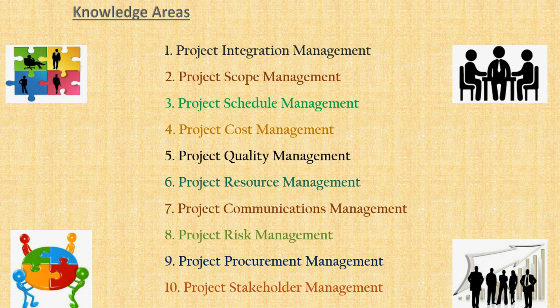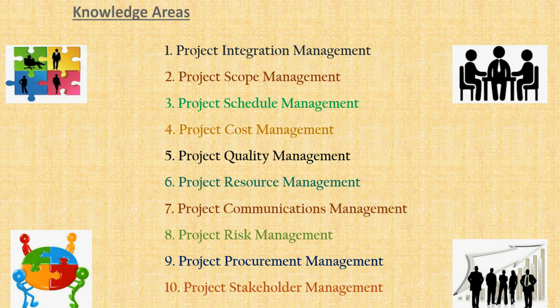Now, even if we have given sequential numbers like 1, 2, 3, 4, again, please understand that these knowledge areas are nothing but logical groupings of the processes. These knowledge areas are not a sequential thing; one doesn't precede the other.